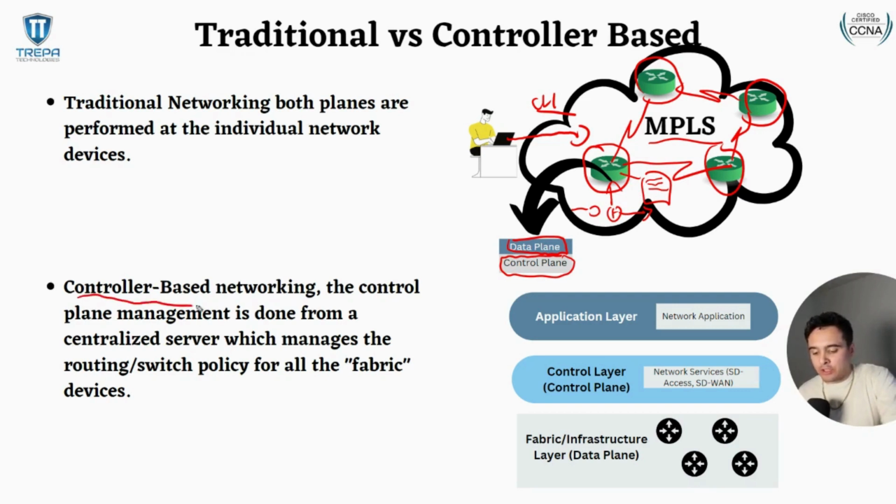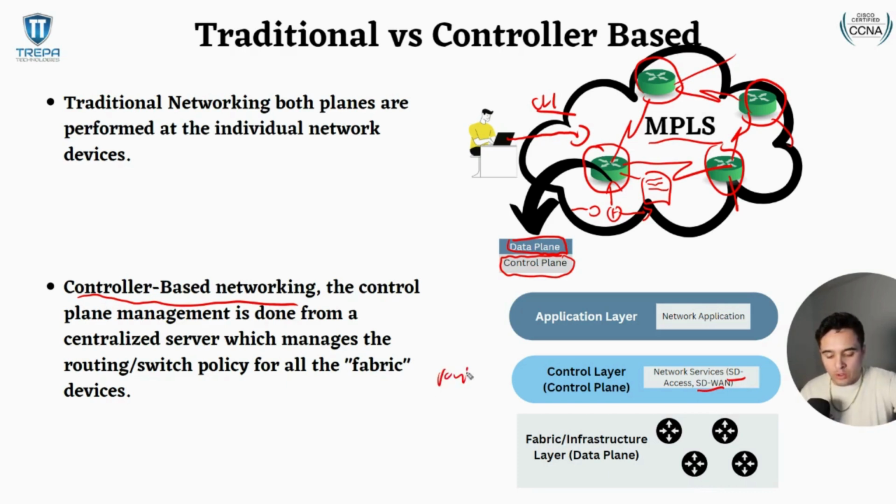Now let's take a look at controller-based networking. So how does it differ? With controller-based networking, we take the control plane of all these devices and centrally manage it, so we have our SD-Access, our DNA Center, our SD-WAN controller that controls the entire control planes of these routers.